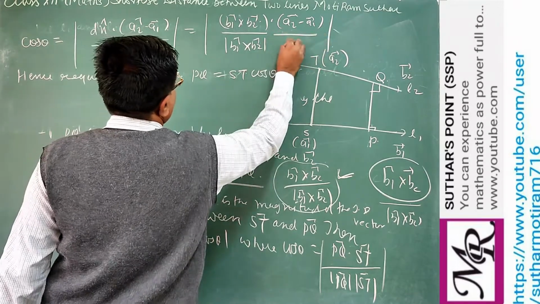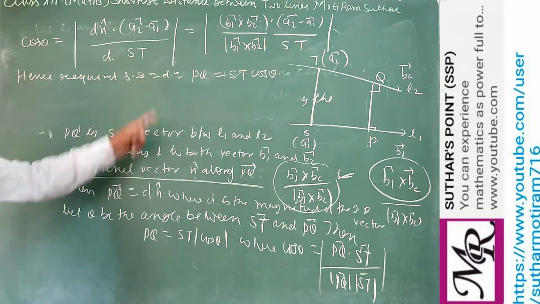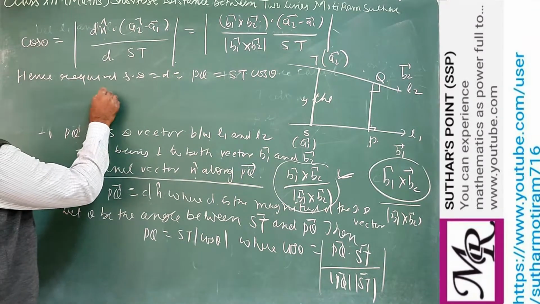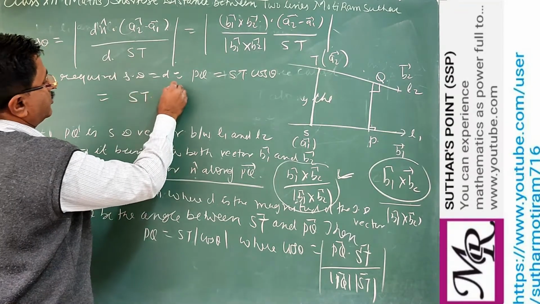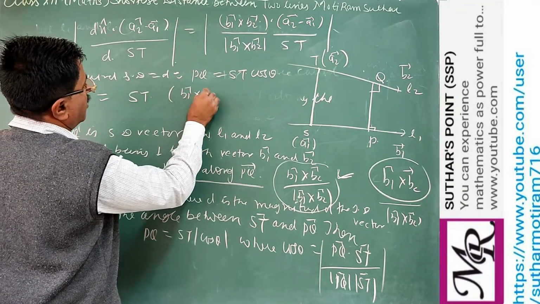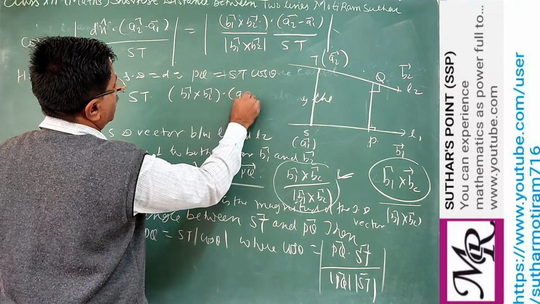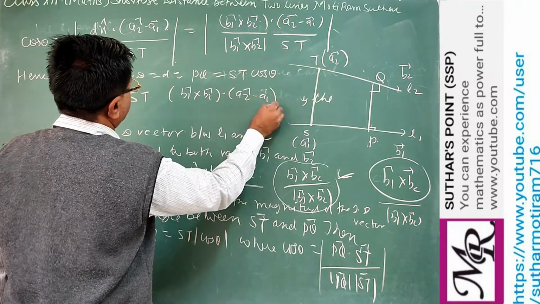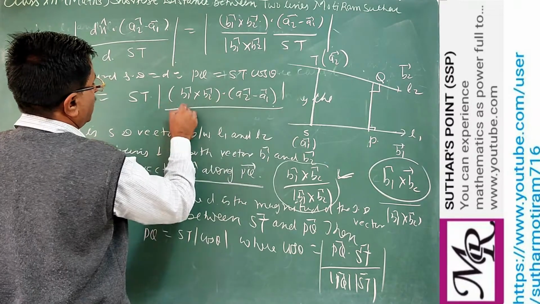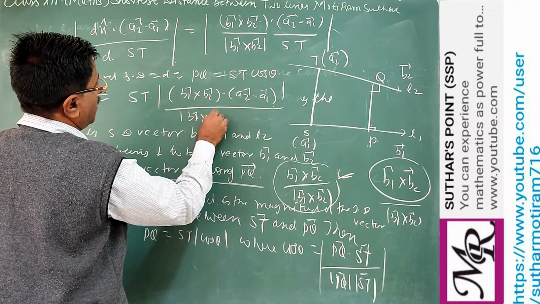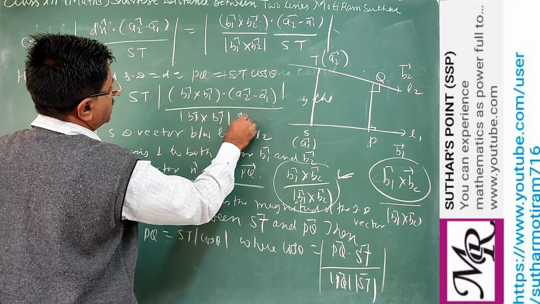Here ST will also remain. This is the ST left. So put the value: ST into vector B1 cross B2 dot A2 minus A1, its mod, upon mod of B1 cross B2. Now ST is a positive value.